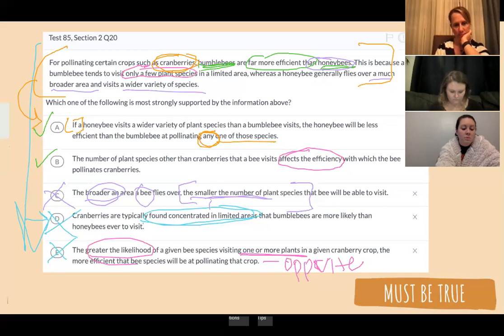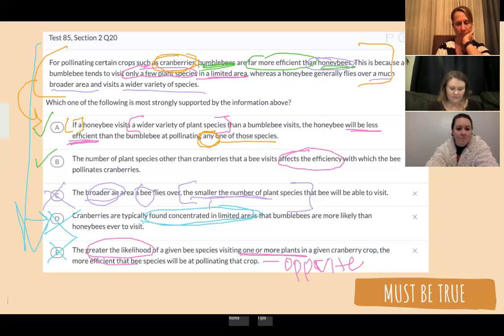That to me is where you can knock A out, because it does the complete opposite of what that just said. What is efficient is looking at just the smaller area. I was trying not to focus on the cranberry word, because that tricked me up a little bit, and also not focus on bumblebees or honeybees, just bees in general.